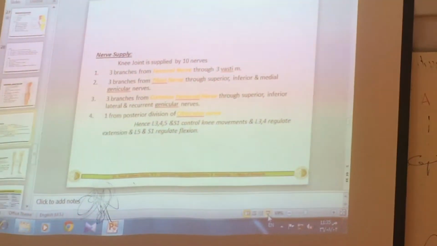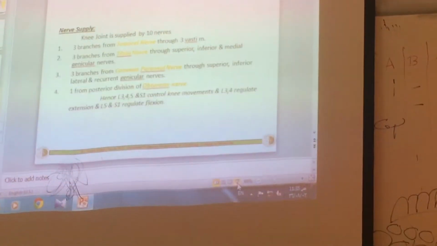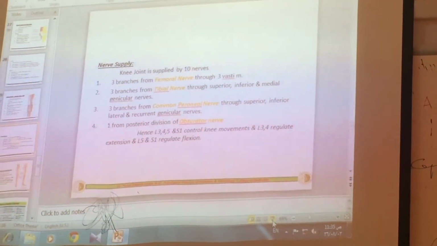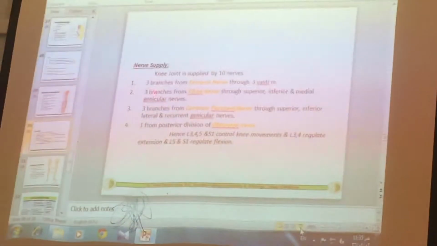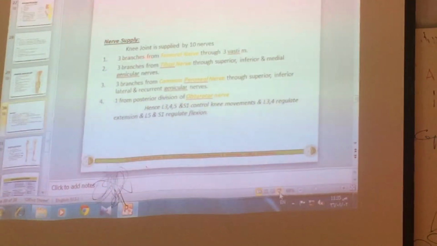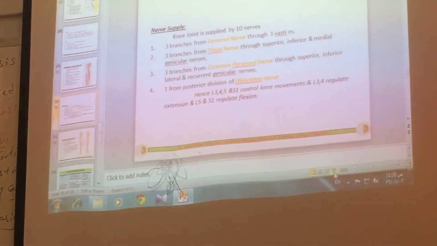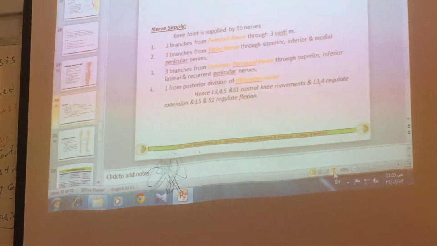Coming to the nerve supply. All the muscles which cross the knee joint, and the nerves supplying those muscles, will also supply the knee joint. Okay. So we had discussed the femoral nerve and its three branches which are coming from the three vasti, will be giving branches to the knee joint. Along with that, the tibial nerve also supplies the genicular nerve.